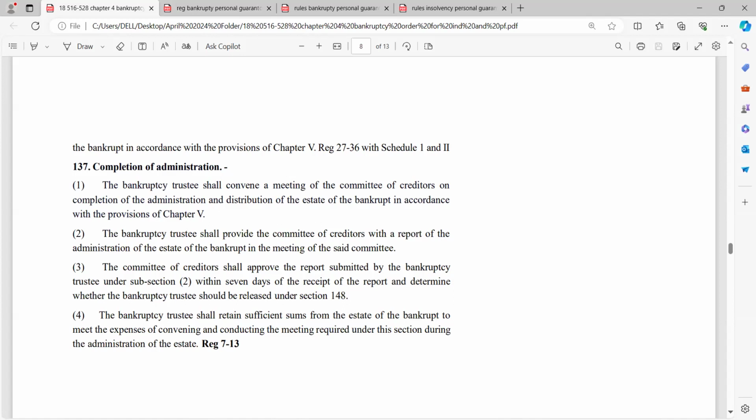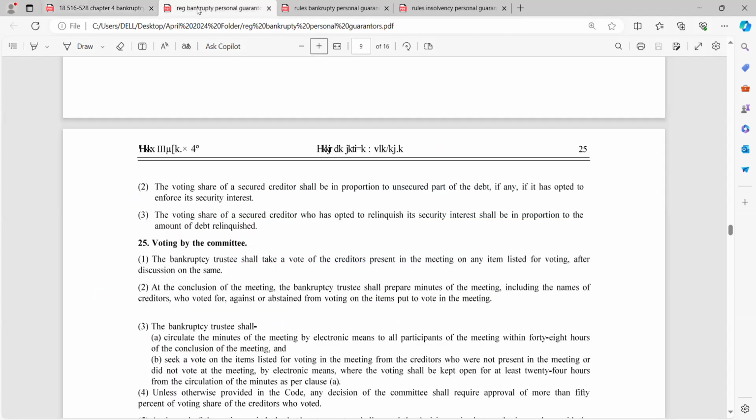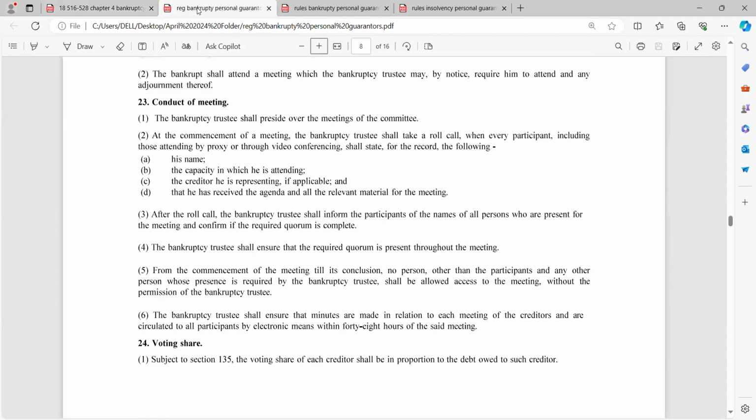Okay. So who is approving the report? The committee of creditors within 7 days of the receipt of the report. The bankruptcy trustee shall retain sufficient sums from the estate of the bankrupt to meet the expenses of convening and conducting the meeting required under this section during the administration of the estate. So there are regulations 7 to 13 for that.